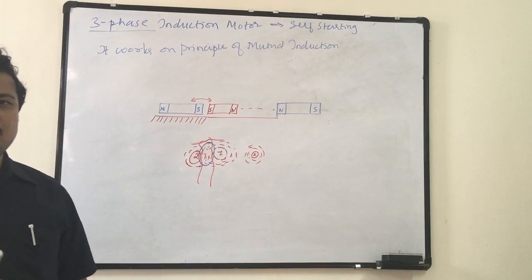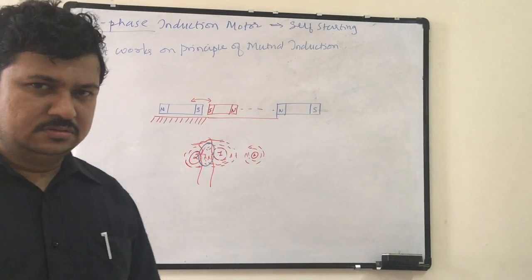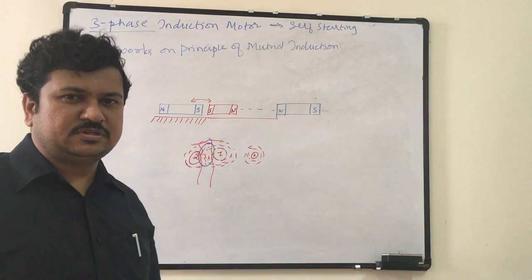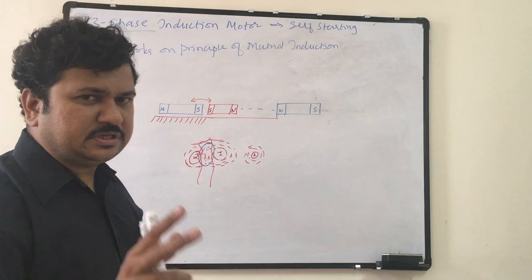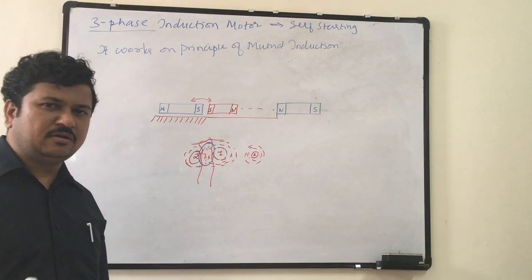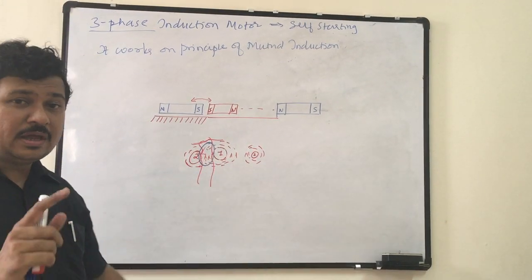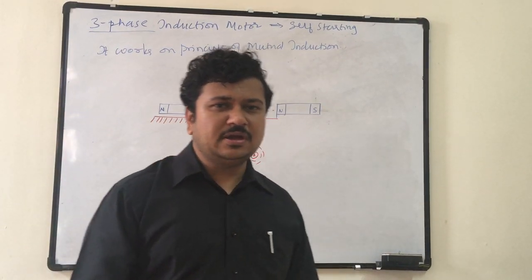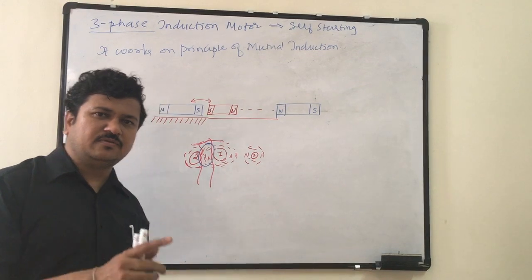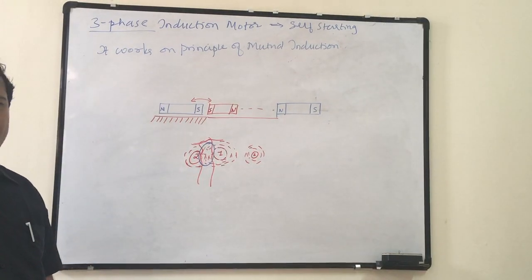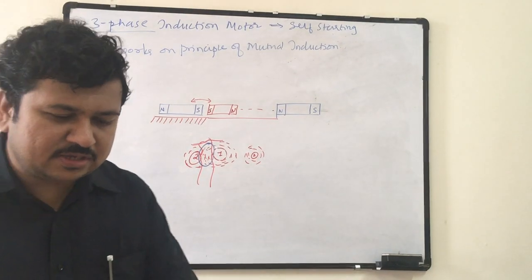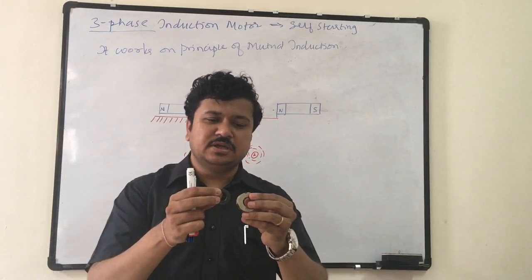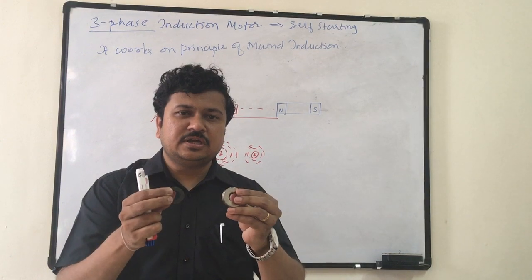So who is creating that force? If I keep two magnets individually, they won't create that force. The force is created on either both the magnets or either of the magnets when the two magnetic fields come in the same space. That is, when the second magnet comes in the magnetic field of the first, or the first comes in the magnetic field of the second. When multiple fluxes reside in the same space, they interact with each other.